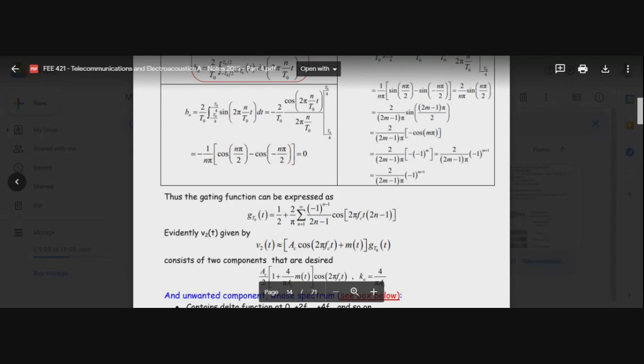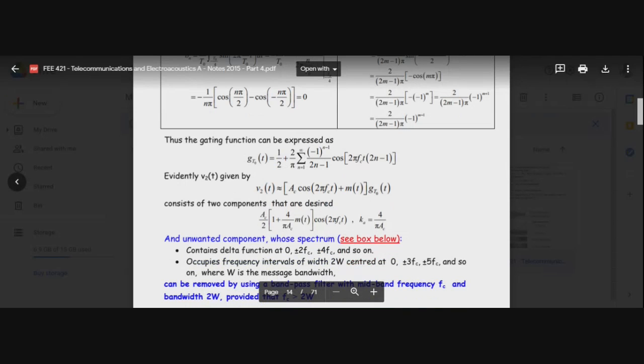So the so-called gating function is given by that expression there. You can play with the n, and when n equals 1, you have the first carrier frequency, a cosine of 2πf_c t, multiplying 2 over π, and so on.